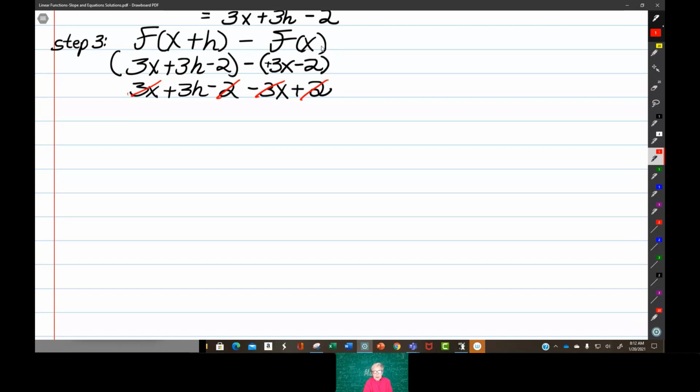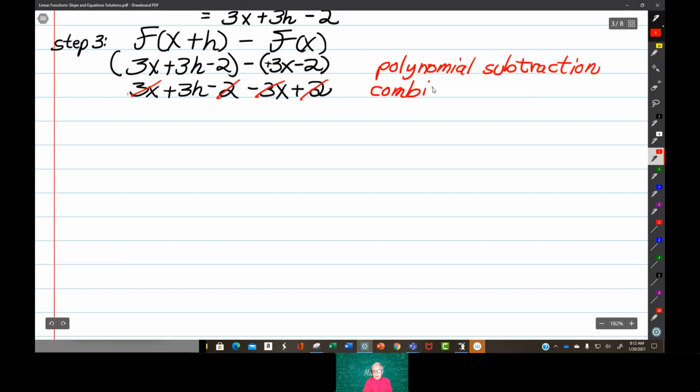In fact, you've done this before too. Now, this step is new and ugly, but all you're doing here is polynomial subtraction. You did that in beginning algebra. I know because I used to teach beginning algebra. And this is combining like terms. You've done that before. Where? In beginning algebra.